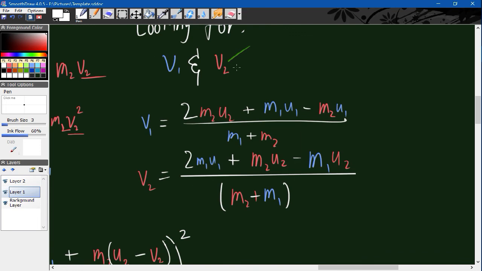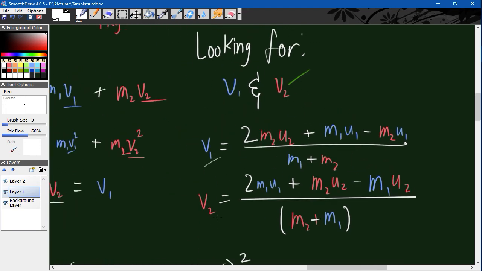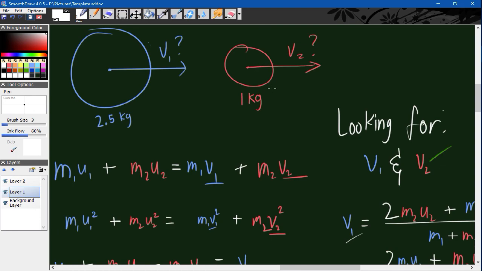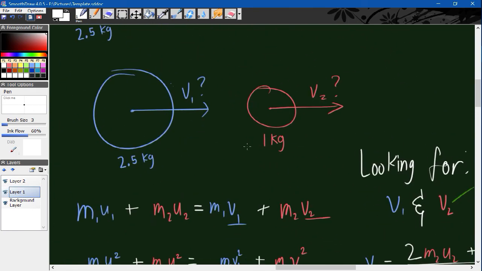Okay, so we have these equations. We have solved for V1. We have solved for V2. Now all we need to do is plug in the numbers.